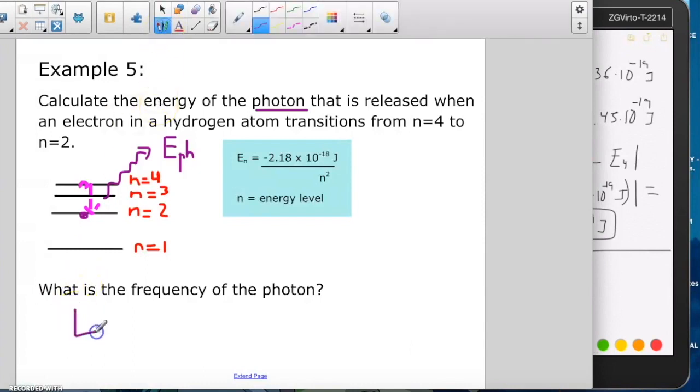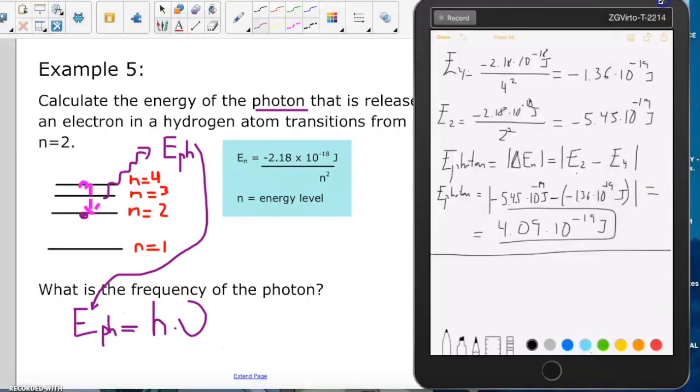The energy of a photon, I'm going to write here E photon, is going to be equal to Planck's constant times the frequency. Now, do we know the energy of the photon? Yes, we do, because we have calculated the energy of the photon in the previous part. Okay, so you just need to plug in the numbers and then solve for nu. I'm going to show you here how to do that, okay?